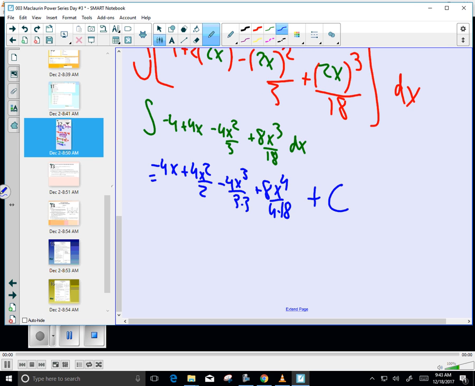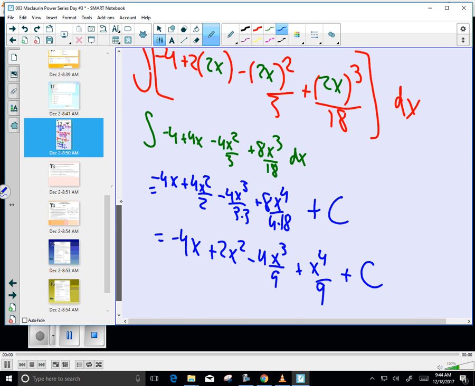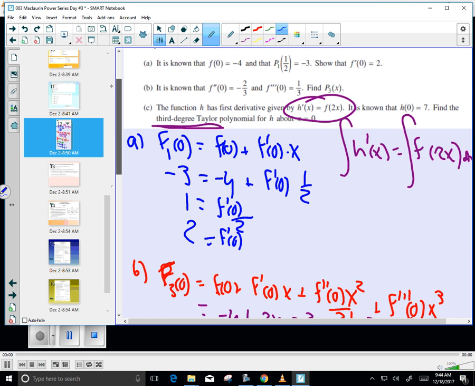So this is equal to negative 4x plus 2x squared minus 4x cubed over 9. Let's see. I think I can make this plus x to the 4th over 9. Yeah. I did it already, yep. Yep, okay, plus c. And then I go back to find that plus c.